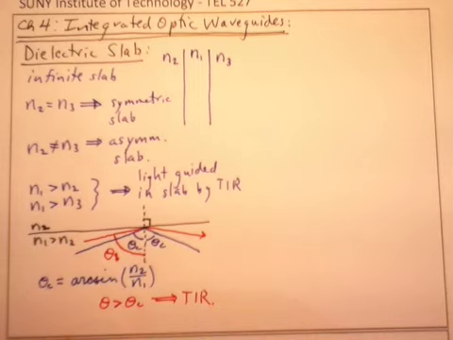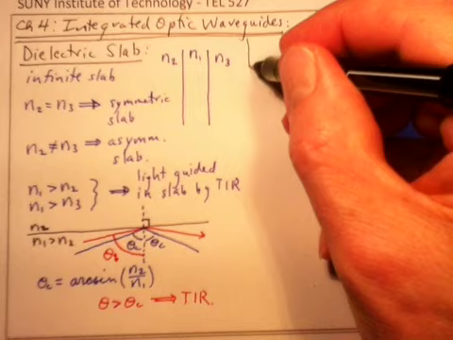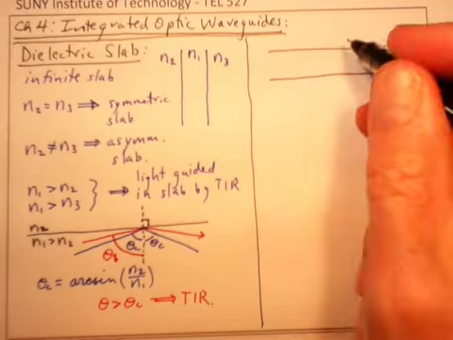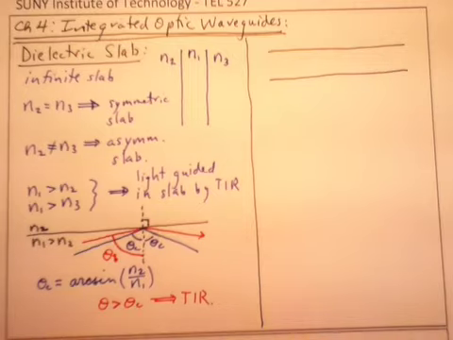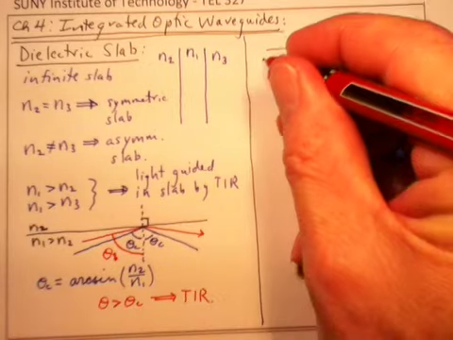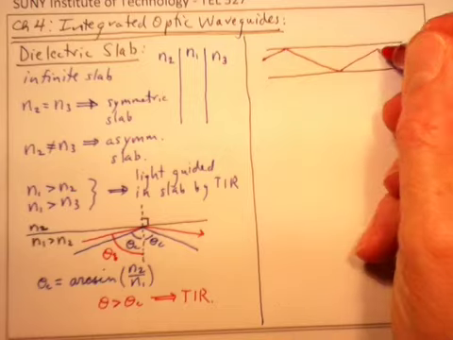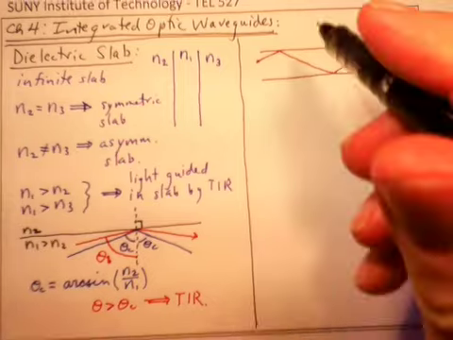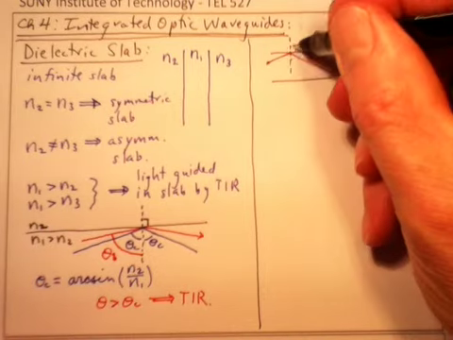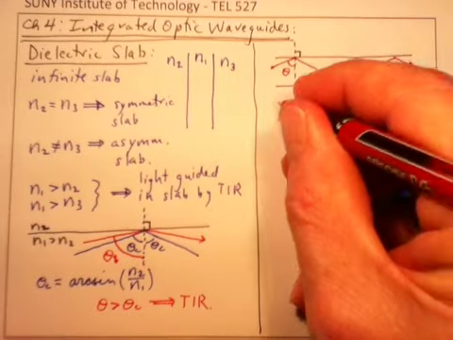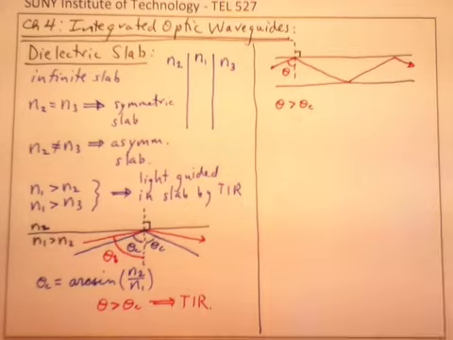Okay? Well, suppose that we've got our waveguide here. Let's now consider the slab. I'll draw it in a horizontal configuration, and I'll draw a ray which is bouncing sort of like this, and we'll assume that the angle of incidence is theta, and that theta is greater than theta c, the critical angle.